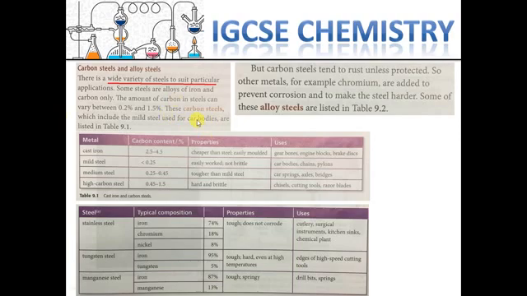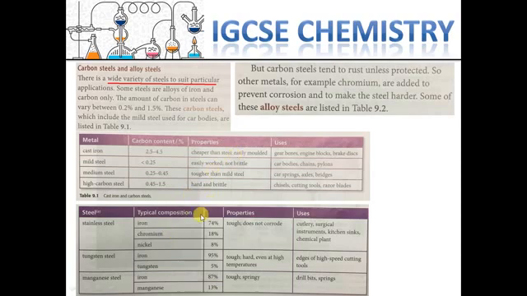But in order to make it harder and more useful for a wide variety of applications, there is alloy steel, and they need to mix it with other types of metals. If we add another metal to carbon steel, we can make alloy steel, which is harder and more useful.